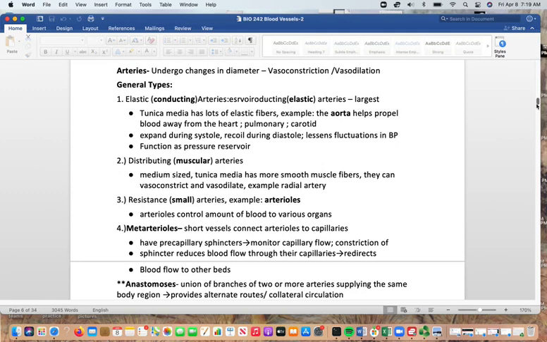The tunica media has a lot of elastic fibers. This would be something like the aorta that's going to help get blood away from the heart, the pulmonary and carotid arteries. They'll expand during systole, and then they'll automatically recoil during diastole. This actually helps to lessen fluctuations in the blood pressure. So they can act as a pressure reservoir.